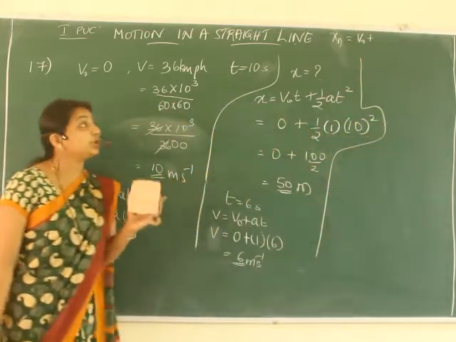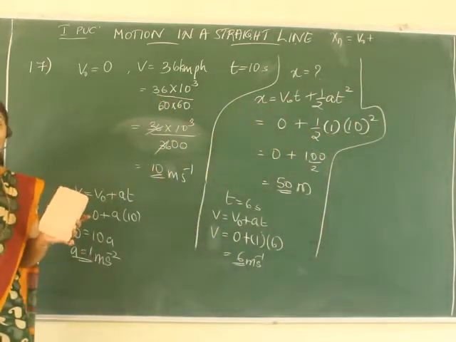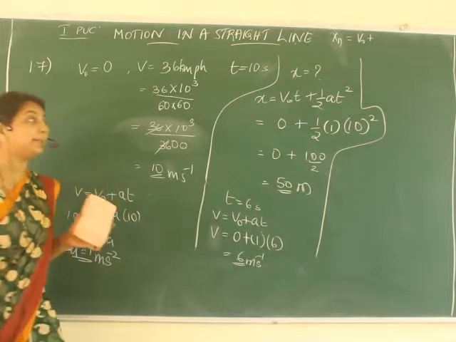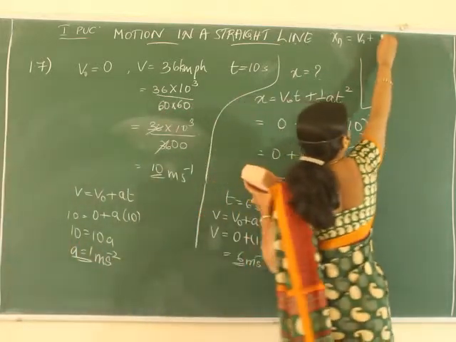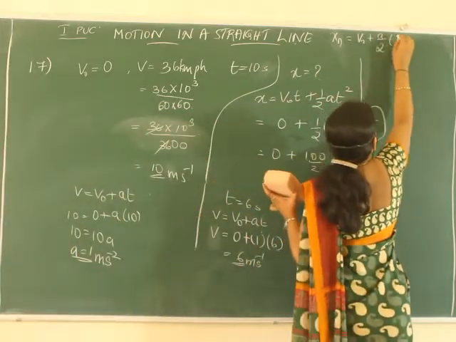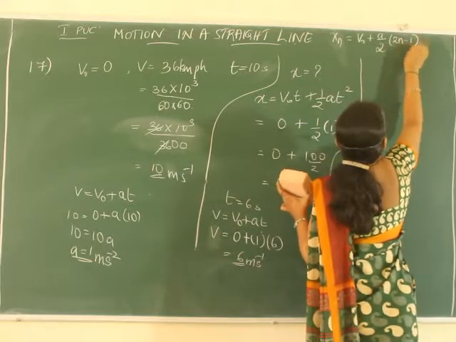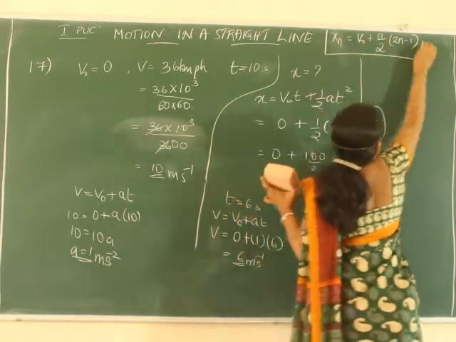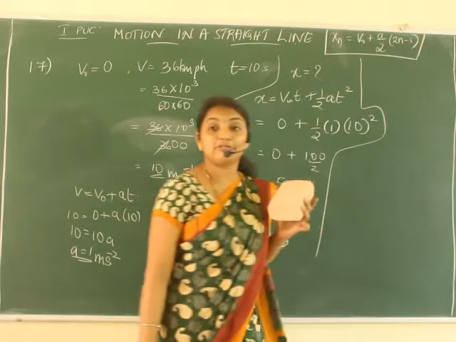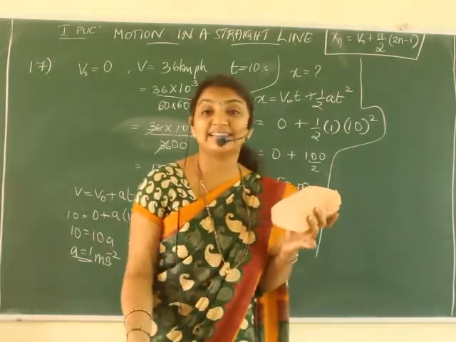Xn is equal to v naught plus a by 2 into 2n minus 1. This is the formula to calculate the distance after nth second.